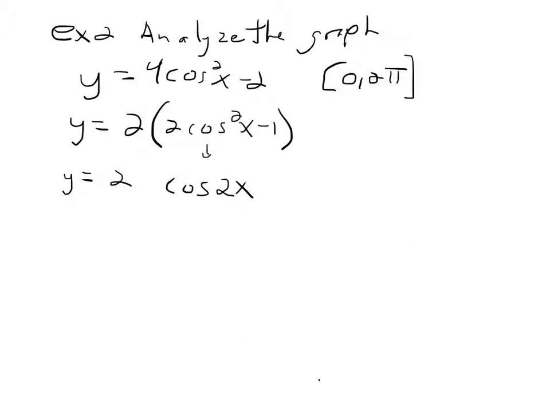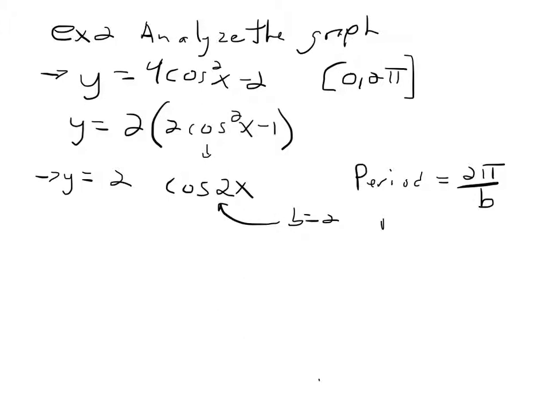Now, because I've rewritten this equation, I should be able to find key points. What's my period? My period is 2 pi over b. What's my b? My b is 2. That's where I got my b value from.